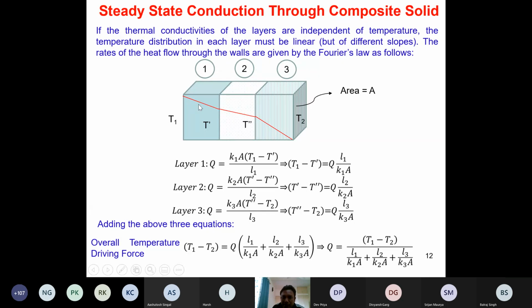You can see the temperature profile in slab 1 is linear, slab 2 is linear, and slab 3 is also linear because we are looking at the steady state heat conduction, and also the heat transfer area is the same for all three slabs, and there is no heat generation, there is no accumulation. And therefore the temperature profile is linear here. Of course, the slope of these temperature profiles is different in each of these slabs depending on the value of thermal conductivity used for each of these slabs.